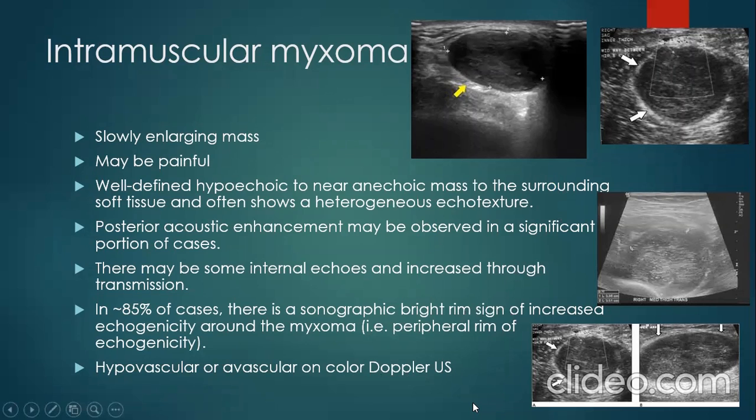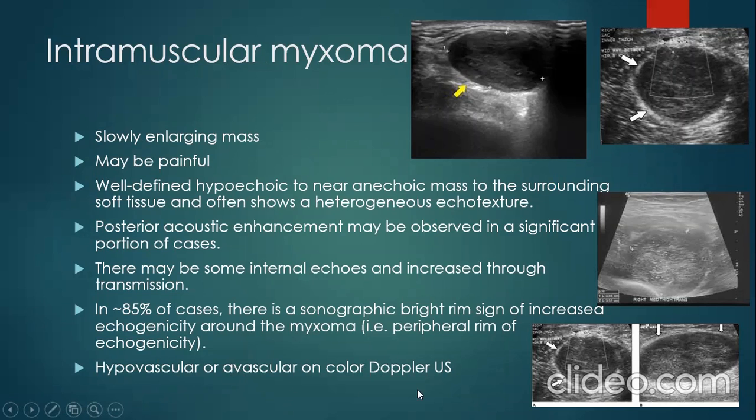We might get posterior enhancement in some cases, not in all of the cases. As seen here, there's posterior enhancement, and here also. You might get internal echoes in some of the cases. They might show increased through transmission.